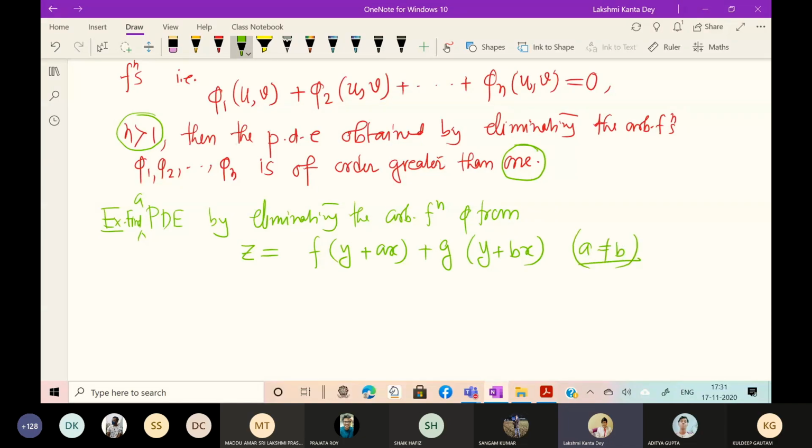If a equal to b, then it is easy. Okay, so this is your question.